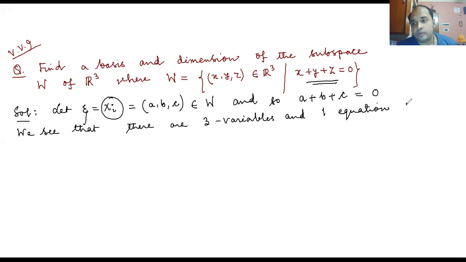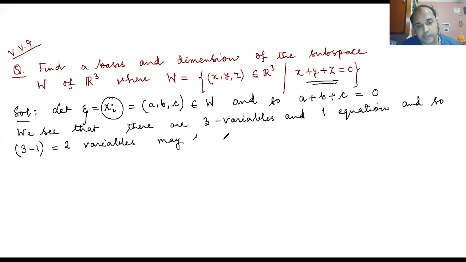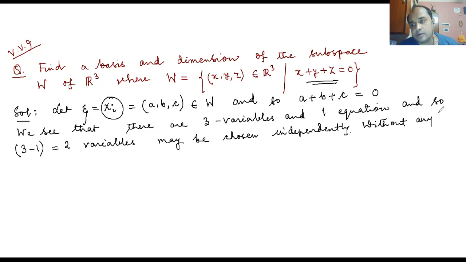And so 3 minus 1, that is 2 variables, may be chosen independently, without any loss of generality.